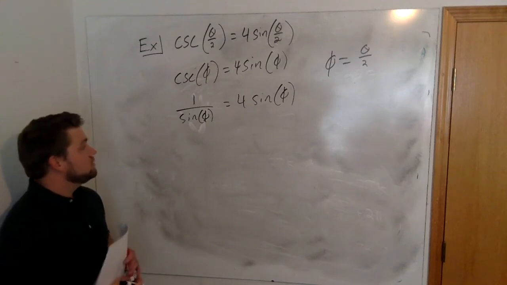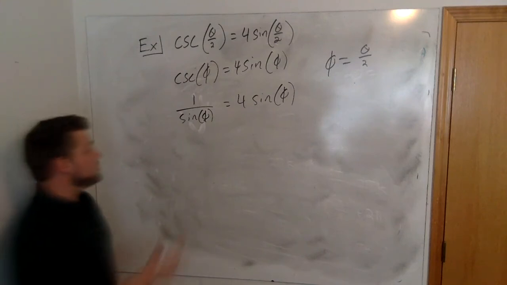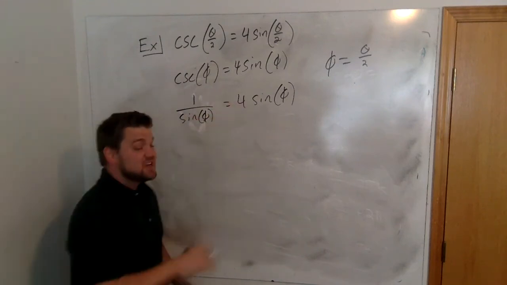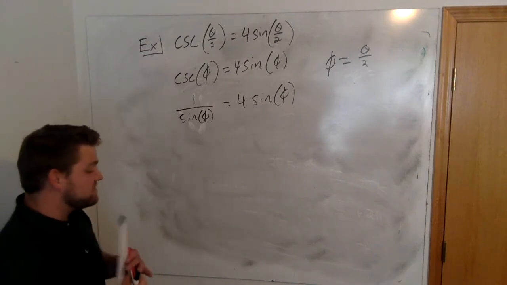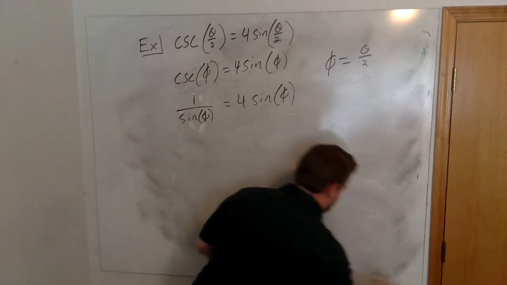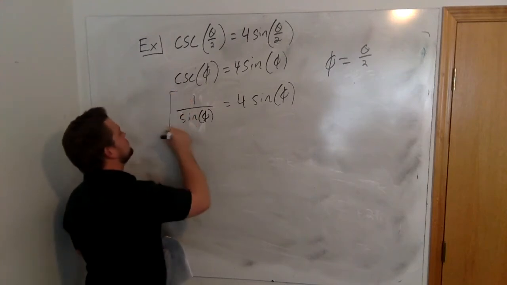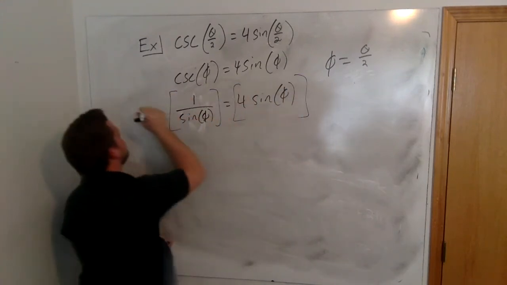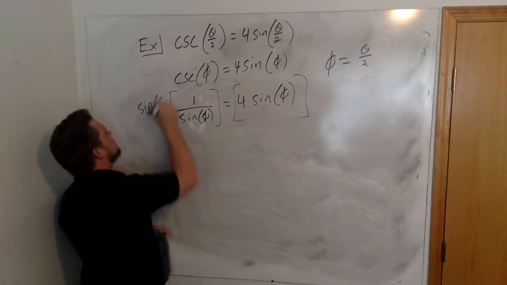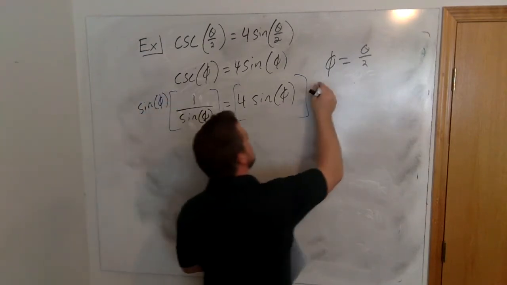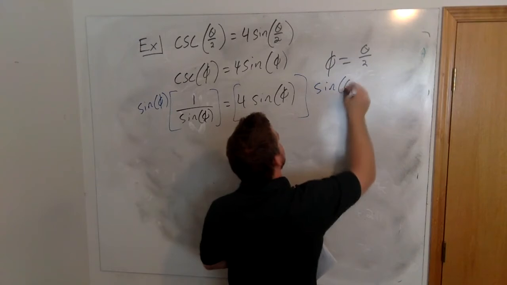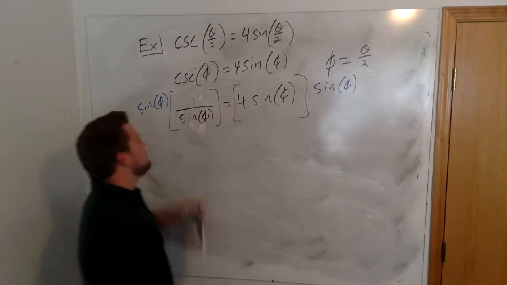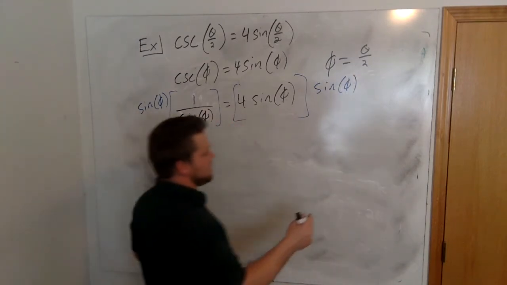Okay. To solve this equation, we should notice that this equation has fractions in it. Whenever you see an equation with fractions in it, clear them. So let's multiply both sides by sine of phi. We should also make a mental note here that sine of phi cannot be 0.